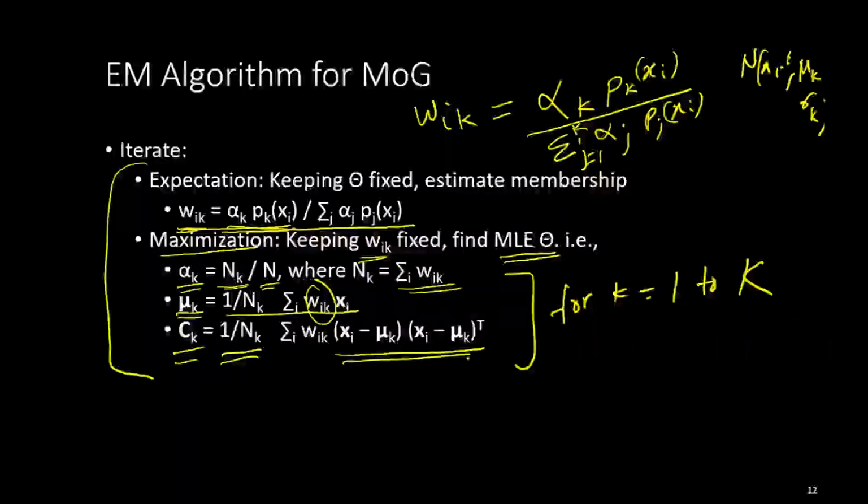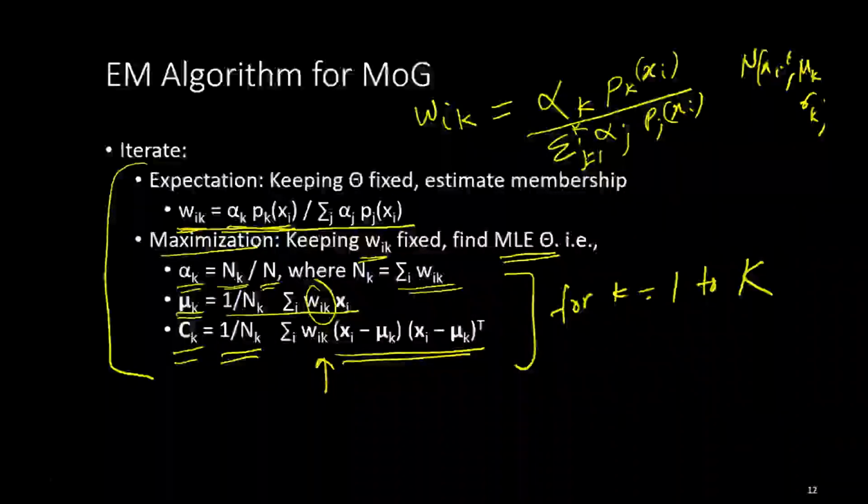So it's going to be xi minus mu k and xi minus mu k transpose, but then it will again be weighted by wik. Okay, so if we iterate over this, we will be able to find the alphas and the mu's and the ck's for the mixture of Gaussians.